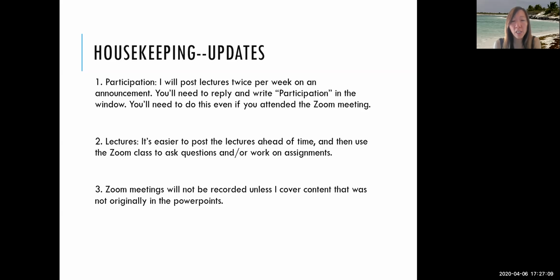So the Zoom meetings are actually not going to be recorded now because they're just going to be like workshop days and question days. Unless I cover content that was not originally in the PowerPoints, I won't record it. So it would be very helpful to you to attend the Zoom meetings. Everyone will have access to the lectures now.